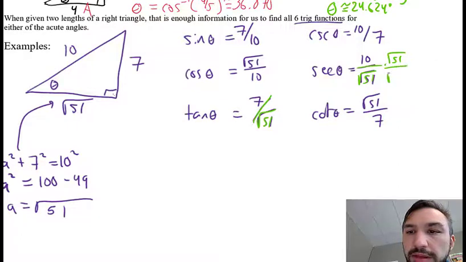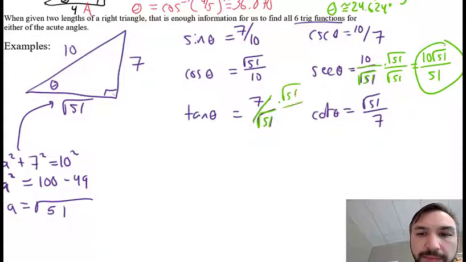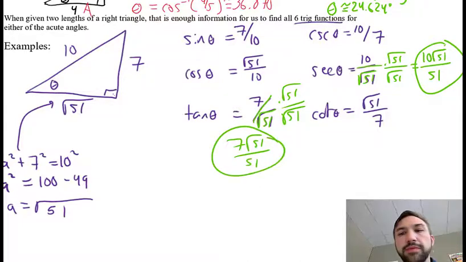Multiply the top and the bottom by that square root, and you get 10 square root of 51 over 51. Do it over here. You get 7 square root of 51 over 51. So those 2 just take a little bit more work. But there's all 6 trig functions, and that's how that would work out for you.